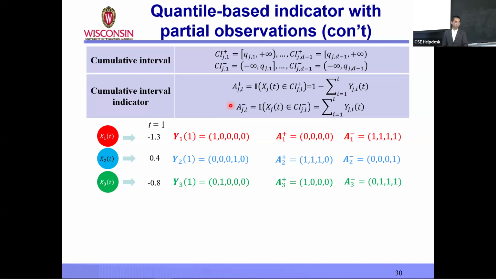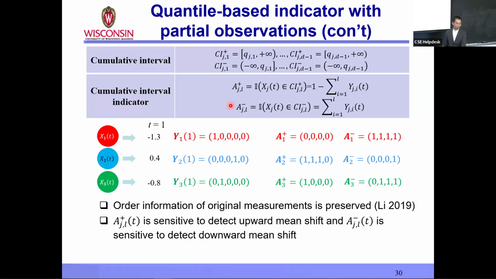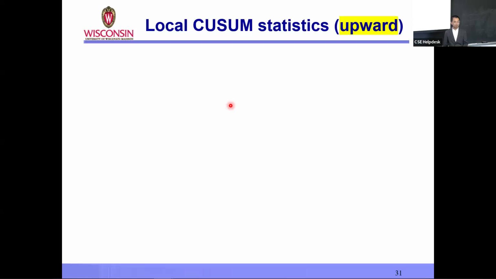So by constructing these two indicators, we preserve some order information about the original measurements. Then based on A plus and A minus, for each data stream we can construct a local Q-sum statistic in both directions.